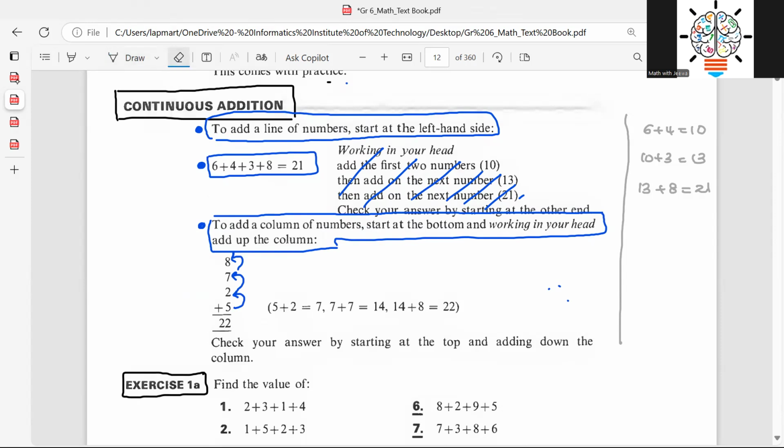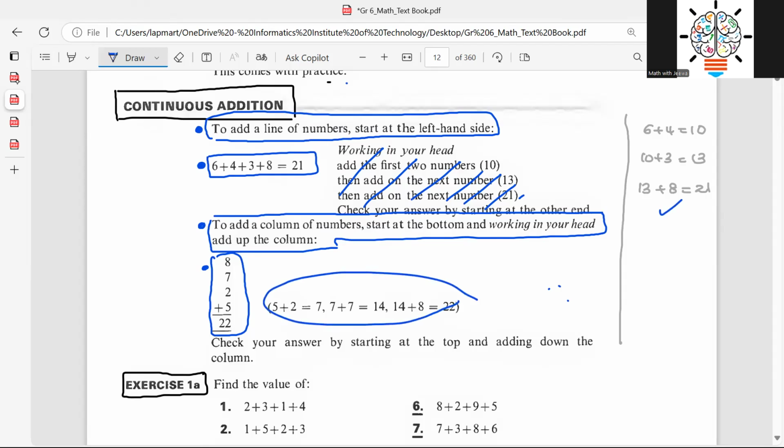So when you have a column, always you start from the bottom. This is the next point you want to write down. You just see if you can do the same thing they have shown. What I asked you to do a little while ago in the working column, they have shown it. If you can't get it at once, don't worry.